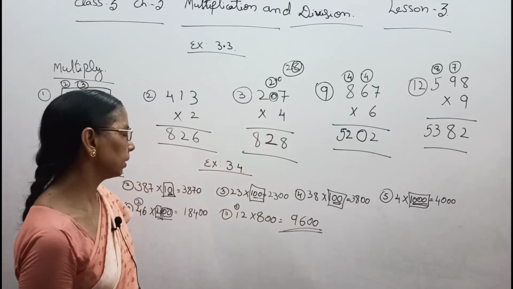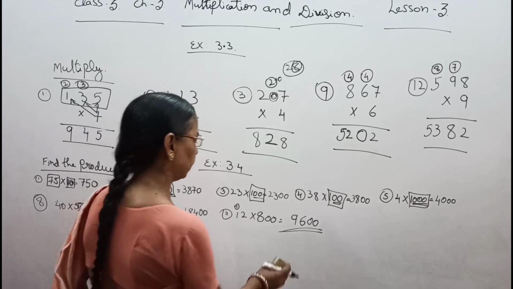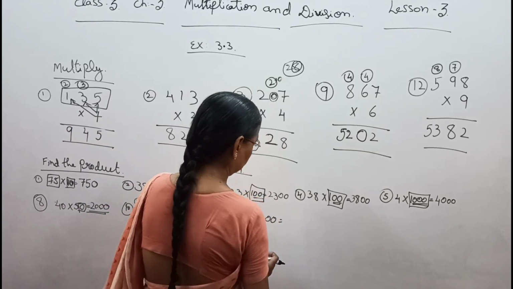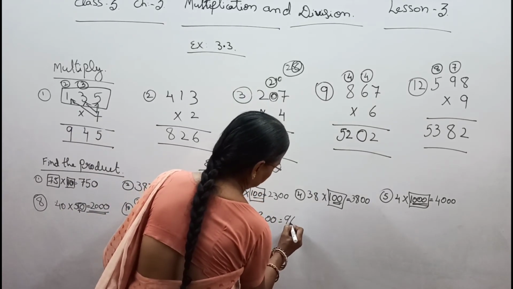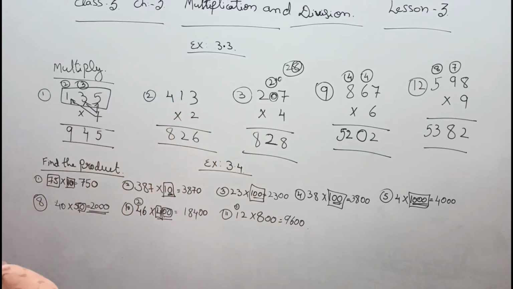So the answer will be 9600. Like this the remaining questions will be for you as a homework. You do it in the home and practice them.